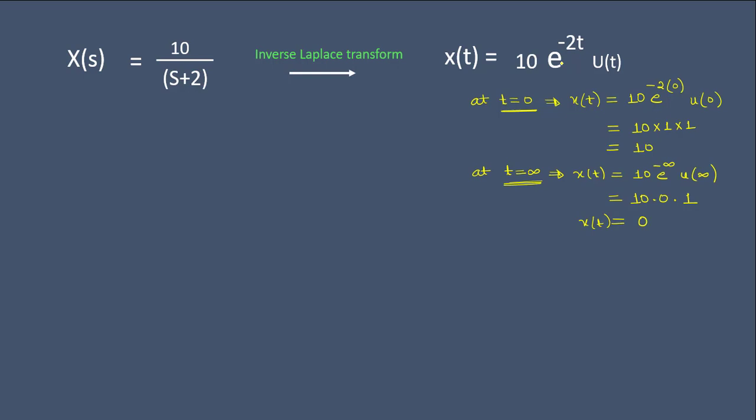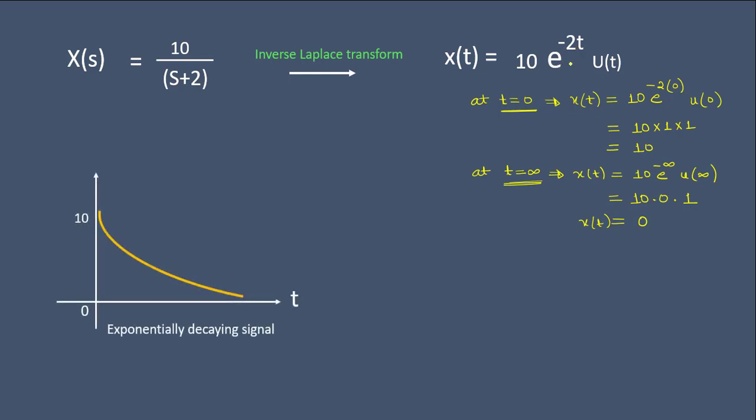Now if you compare this x of t with e raised to minus at, this will be an exponentially decaying signal. At t is equal to 0, the value is 10, and as the time increases, at infinity, the value will be 0.